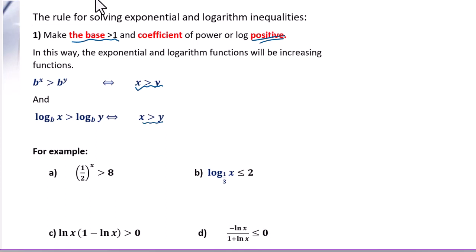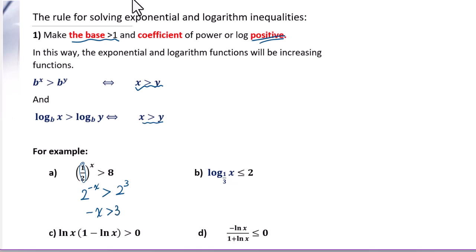For example, 1/2 to the x power greater than 8. We will make the base 1/2 into a base greater than 1. So we write 2 to the negative x power greater than 2 to the third power. So negative x greater than 3.